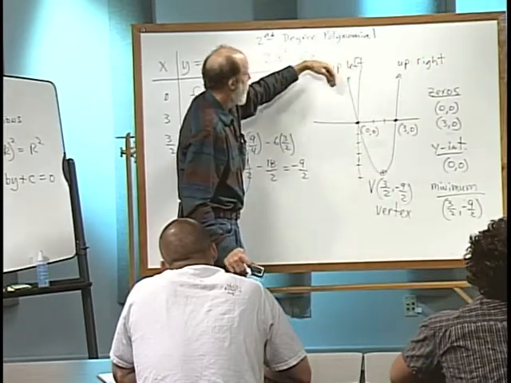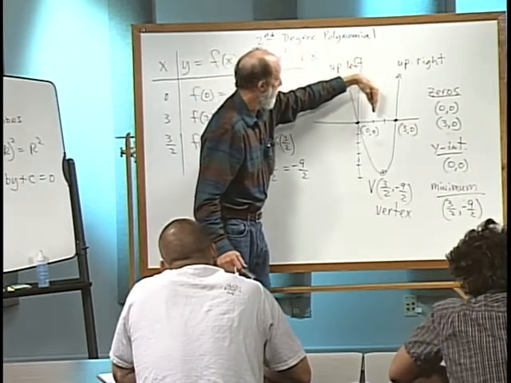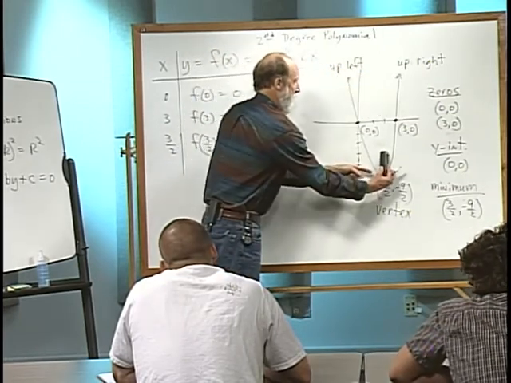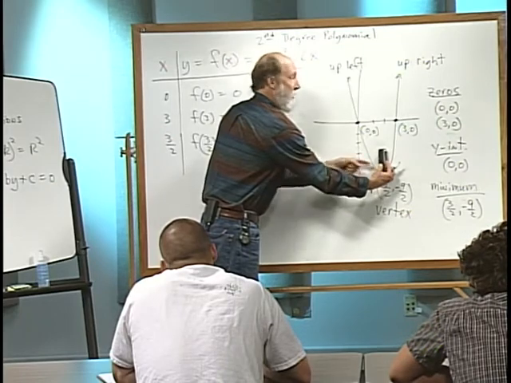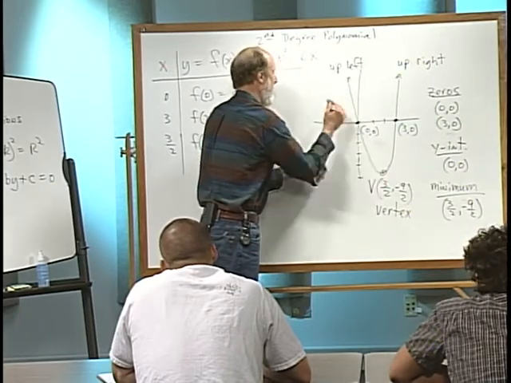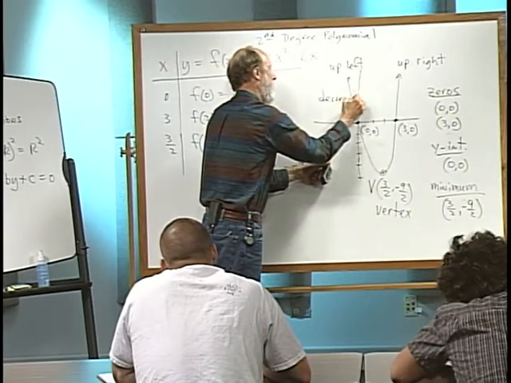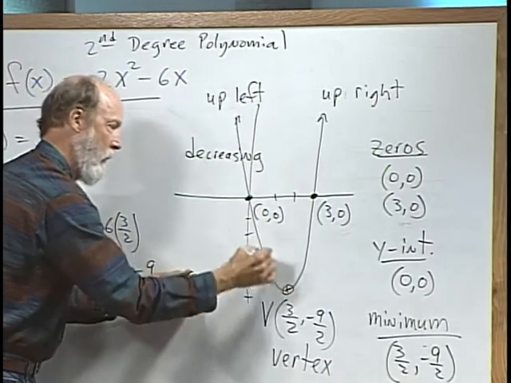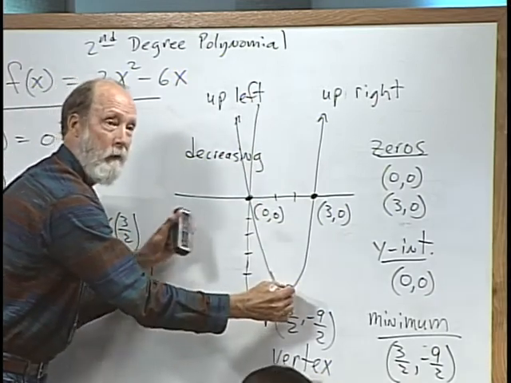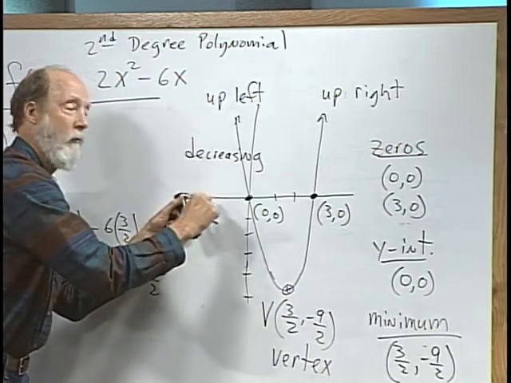What is the function doing as you move from left to right in the left half of the domain? Decreasing. It's falling as you come down to this point. So it's decreasing in this region where you see it falling as you move across from left to right. In other words, the inputs are increasing, aren't they?